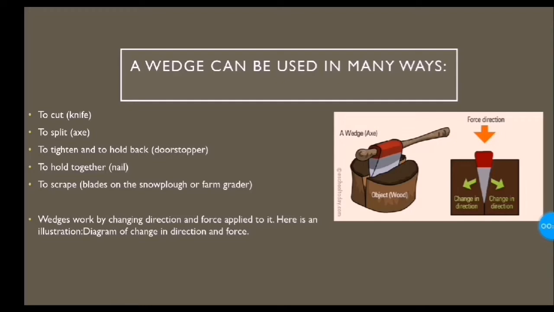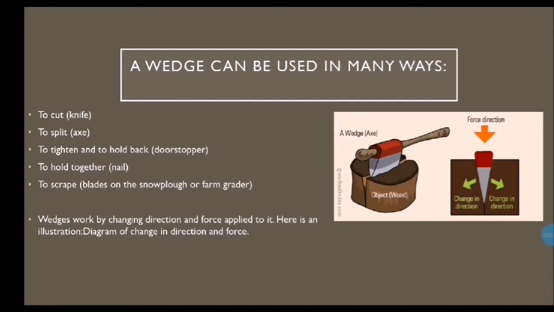So the wedge can be used in many ways: to cut, just like the knife, to split, just like the axe, to tighten and hold back, to hold together, to scrape. Wedges work by changing the direction of the force applied to them, and here is a diagram of the change in direction of the force. As you can see in the figure, I have a wedge, which is the axe, and I have an object, which is the wood.